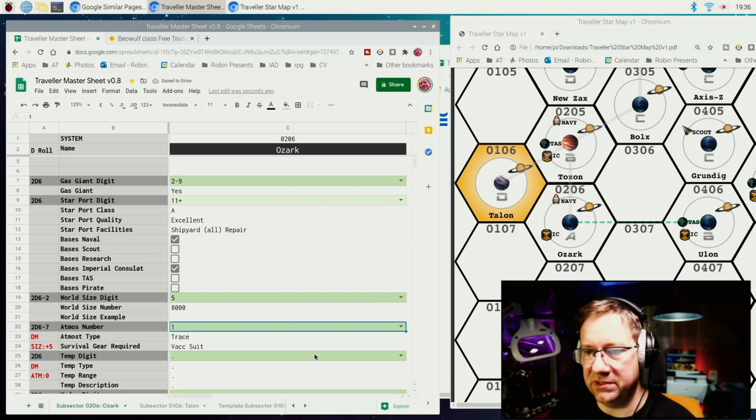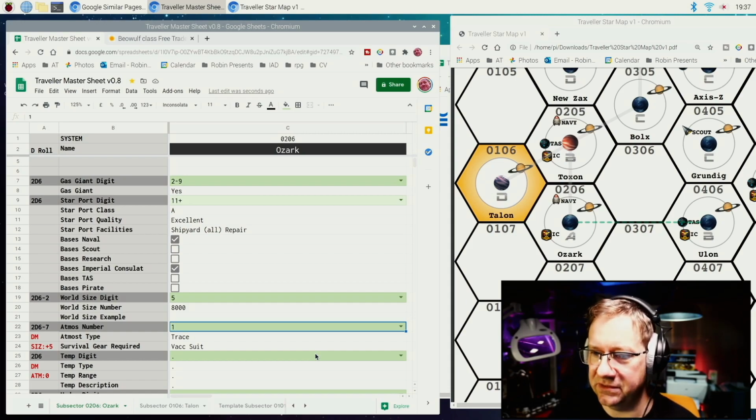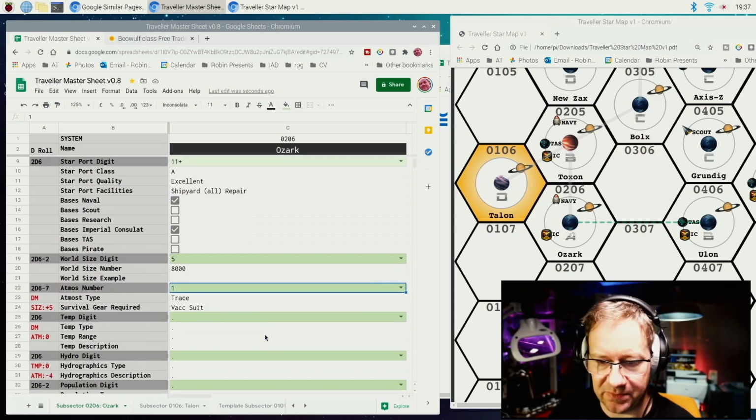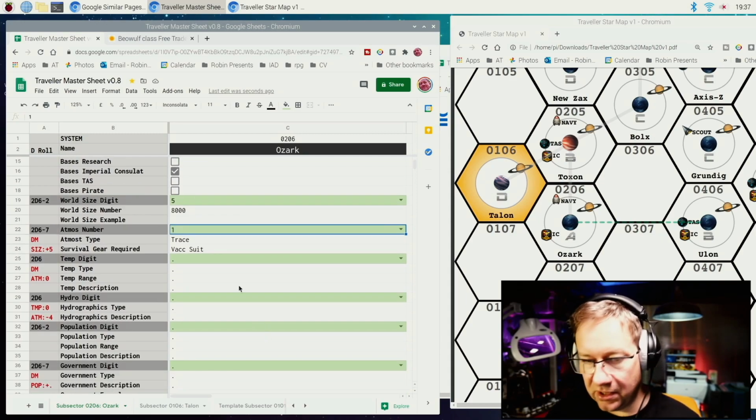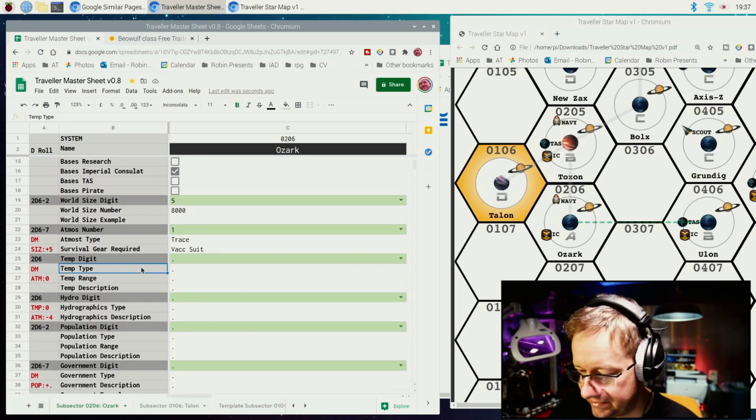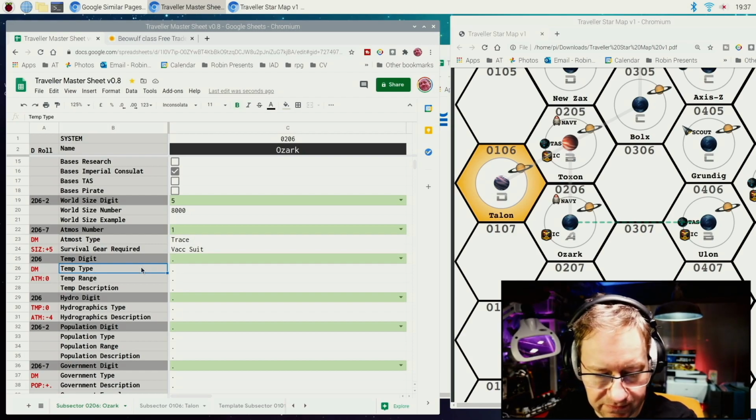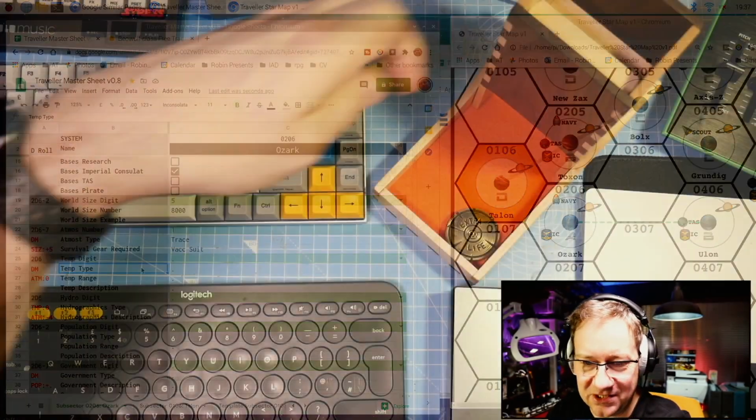Well, actually, that is interesting, because both Toxon and Talon, their main system planets, primary system planets is probably the best way to call them, had atmospheres of sort that you could survive in, and one of them was tainted, the other one wasn't, but still too cold to survive in externally. But this one looks like it's going to be really doesn't have an atmosphere at all. So I'm a tiny bit disappointed with that, because I would have liked to have something verging on somewhere where people can stroll about. But let's get the next one up here.